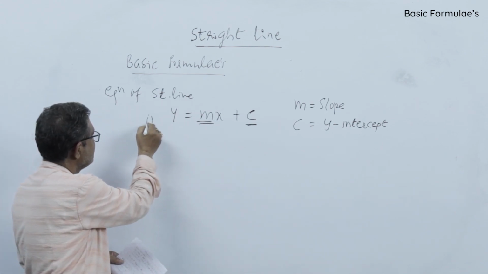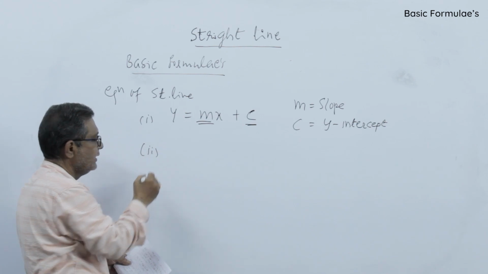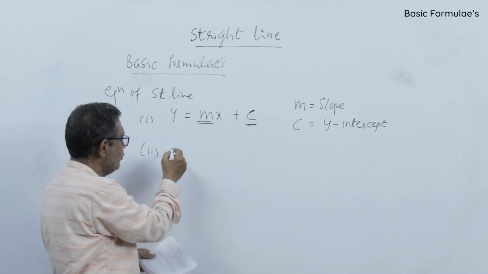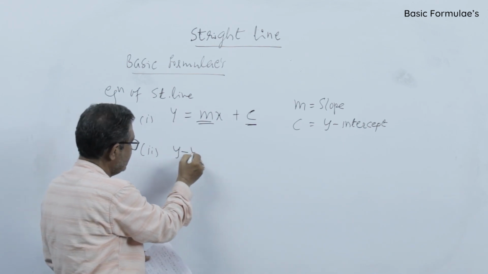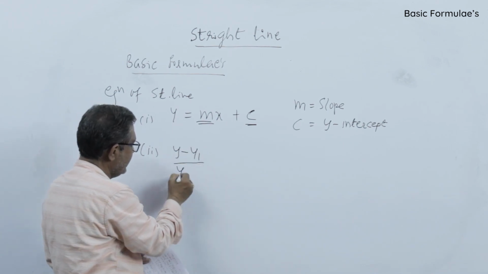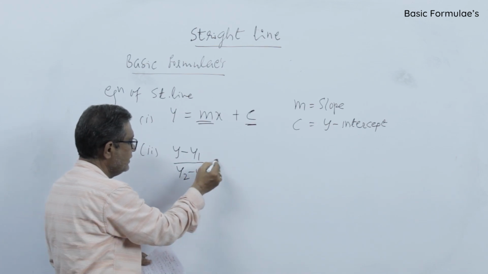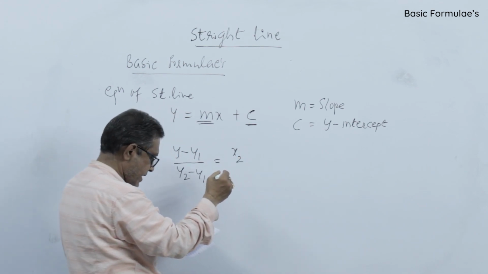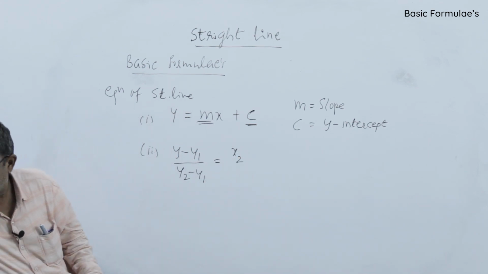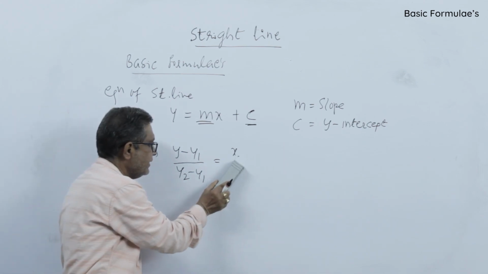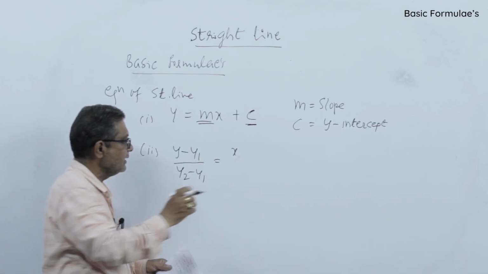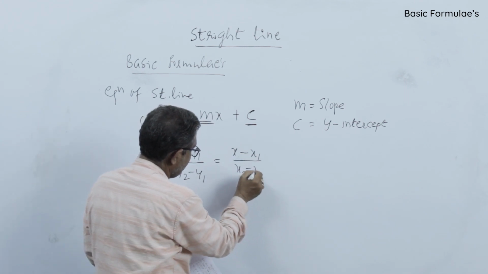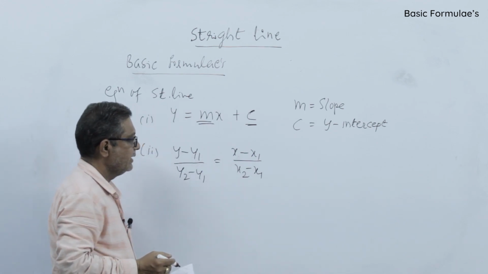Then the second one, the equation of a straight line passing through 2 points: y minus y1 divided by y2 minus y1 equal to x minus x1 divided by x2 minus x1.